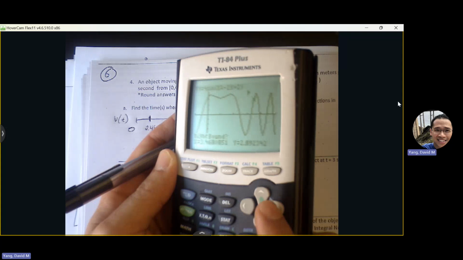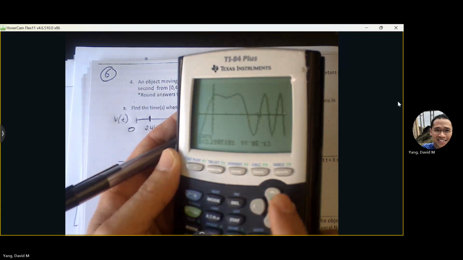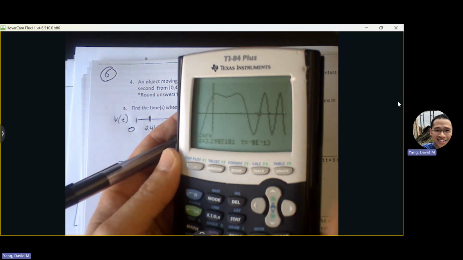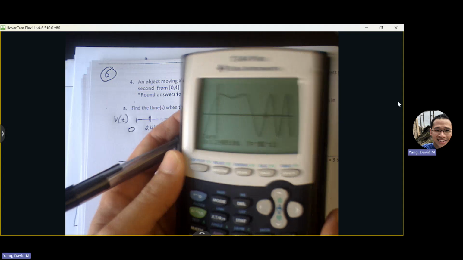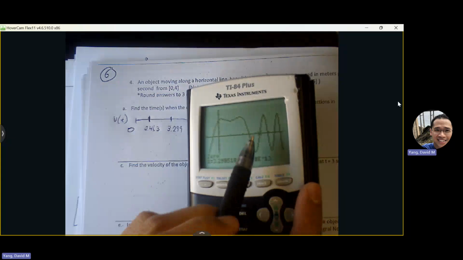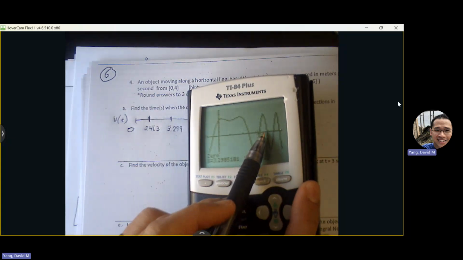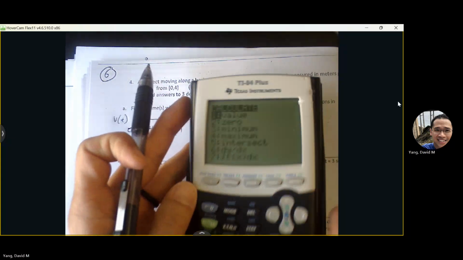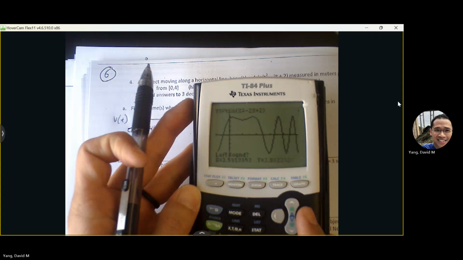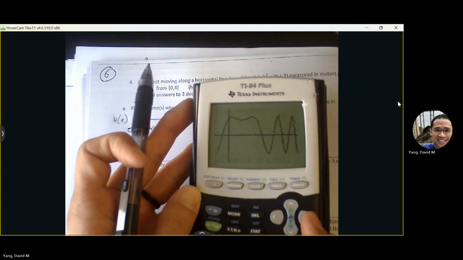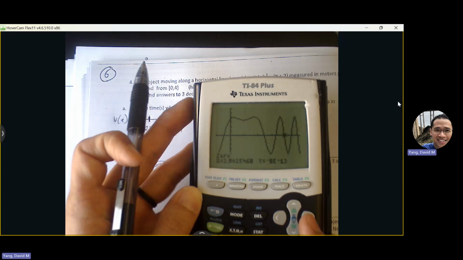Pick a point to the right, hit enter. 3.299. And I see one more before the 4 hits: 3.903.